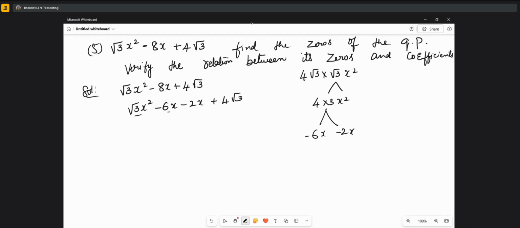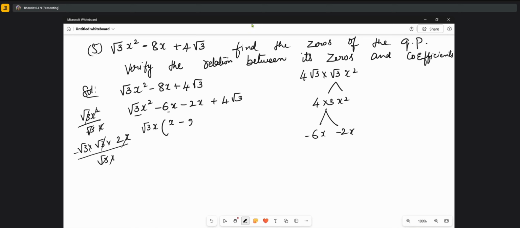So here I can take root 3x common. What will you get? x. Okay, minus 6x. 6x I can write as root 3 into root 3 into 2, because root 3 into root 3 is 3, and 3 into 2 is 6, by root 3x.